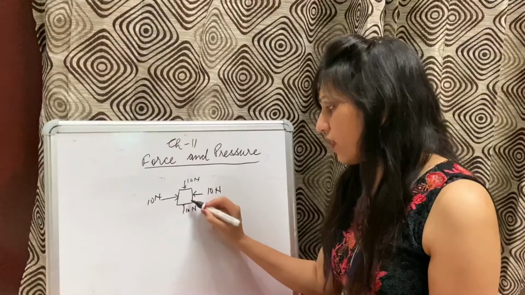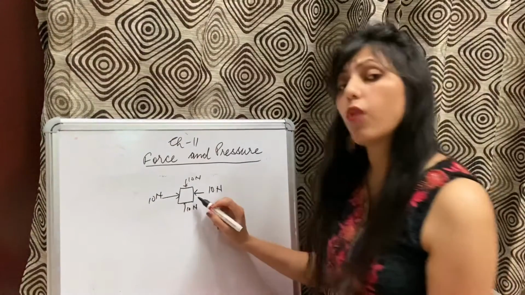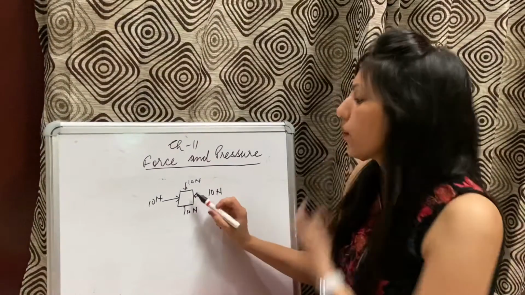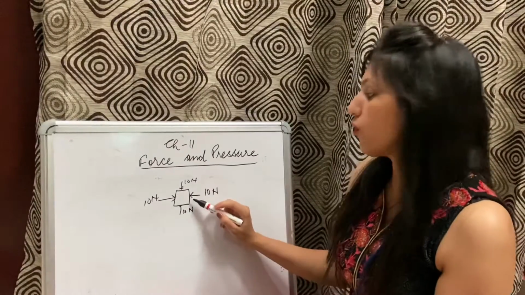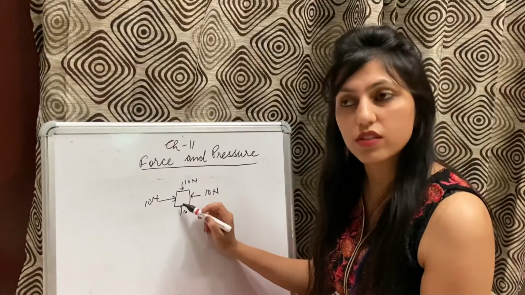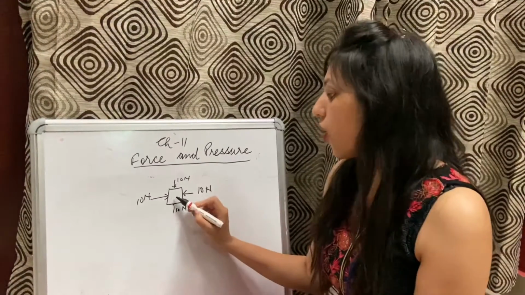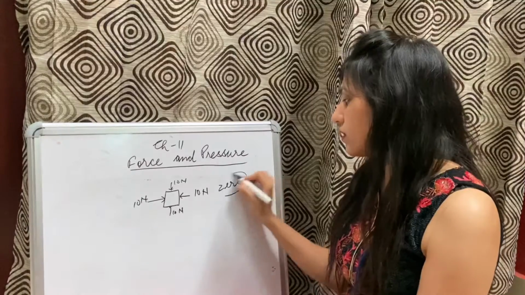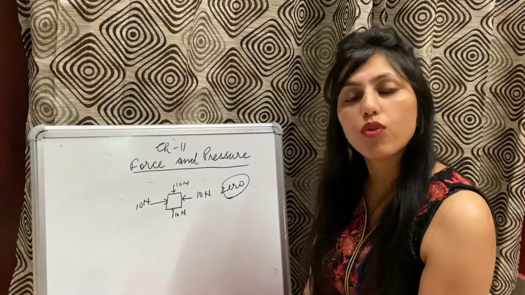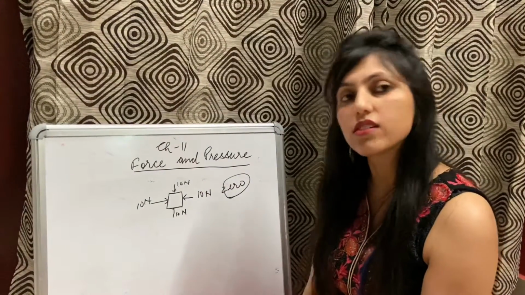So will the box move? No, this box won't move because you are applying equal force from all the directions. When equal force is applied from all the directions, the net force on the object becomes 0. The force on this object will be 0, and this type of force is termed as the balanced force.